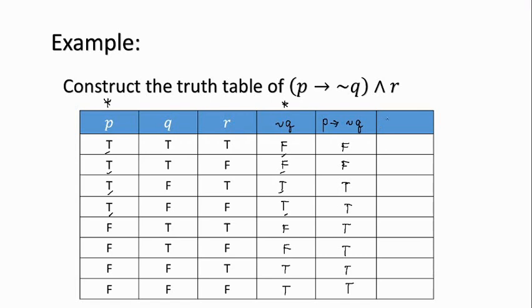Now we are ready to construct the last column, which says P, if P then not Q, and R. So basically what we are doing here is this column, P, if P then not Q, and this column.